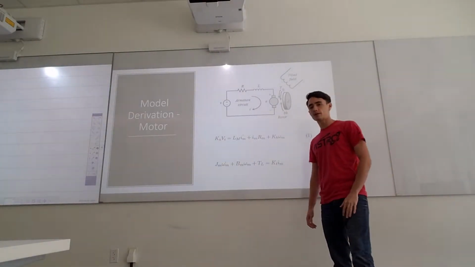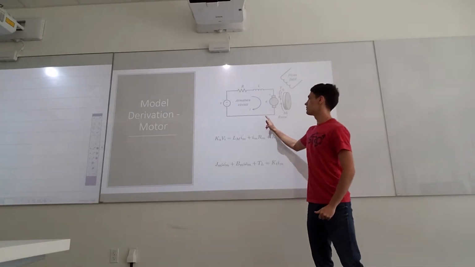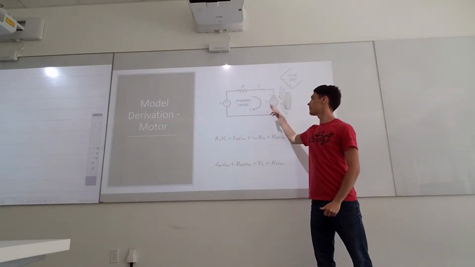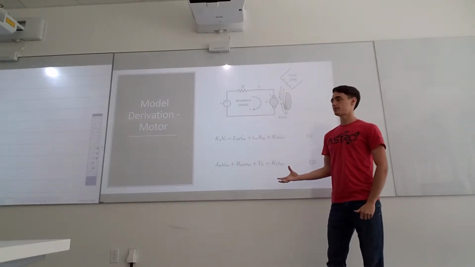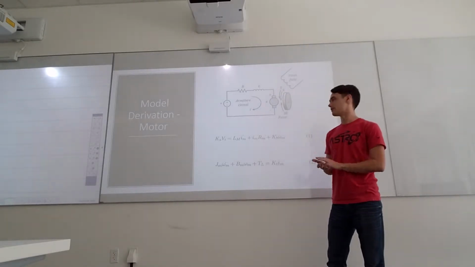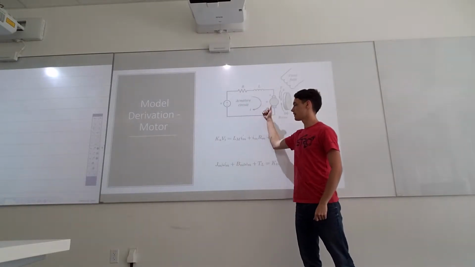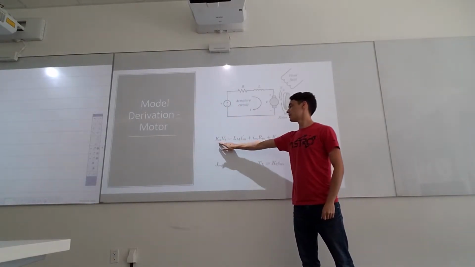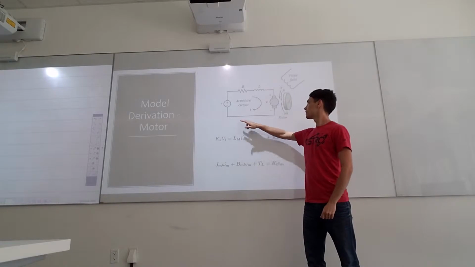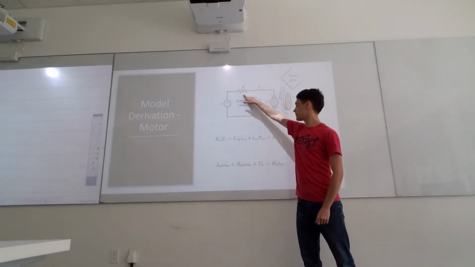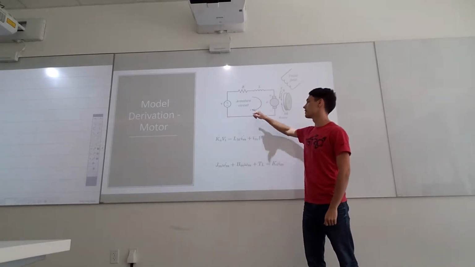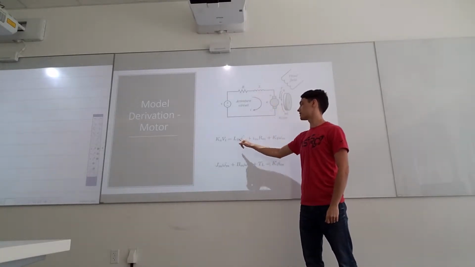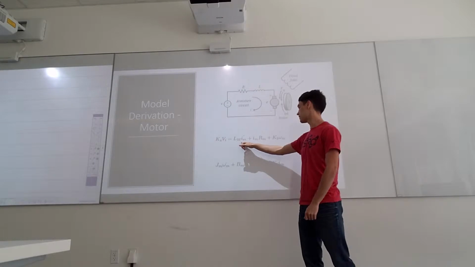So first, for the model derivation of the motor, we do a simple KVL for the electrical circuit, and this is going to be the mass, the actual physical parts of the motor that we'll model. So as far as the KVL goes, we have our input voltage, some constant times V, plus current through a resistor times the resistor to get the voltage over the resistor, plus voltage over an inductor, which is the inductance, times the rate of the current.